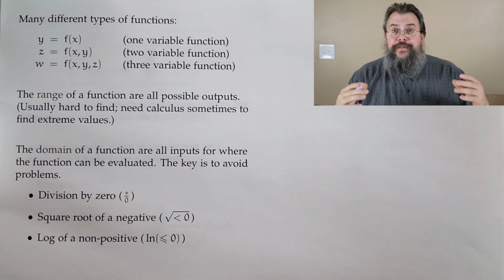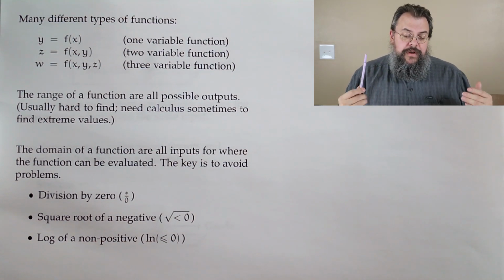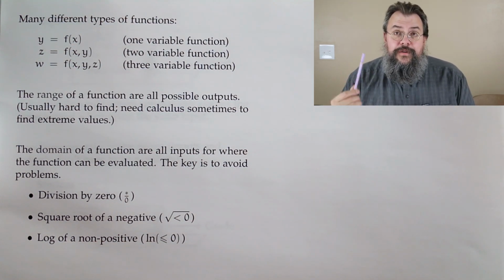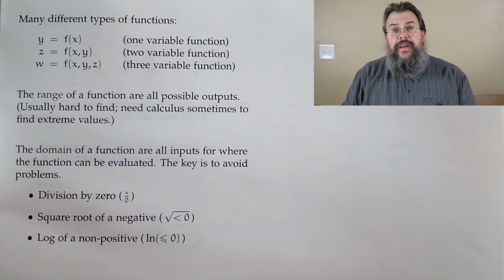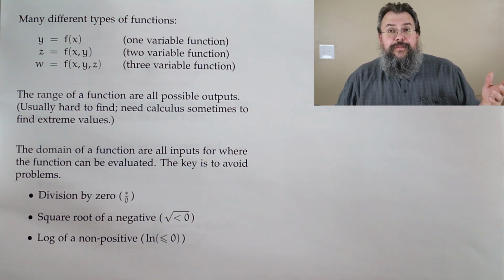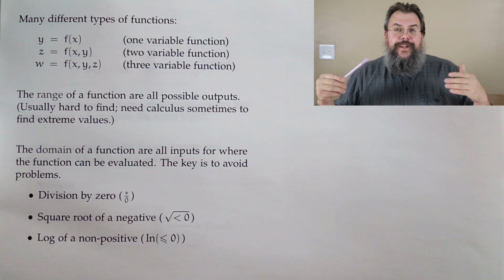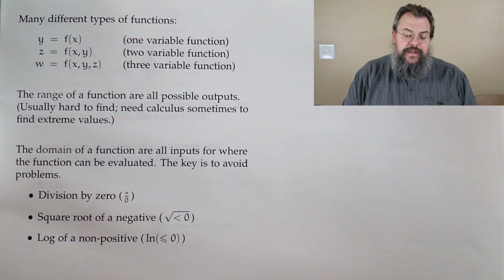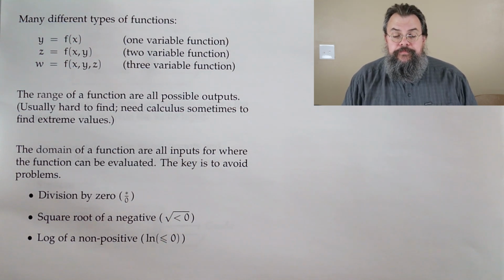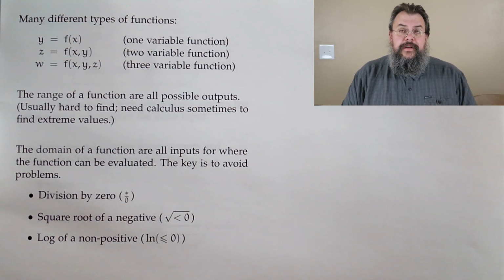So you can have very, very complex functions. So for functions of three variables, we like to think of our symbols x, y, z as our variables. And since we ran out of the alphabet, we like to think of the next symbol as being w. So w is a function of x, y, and z.